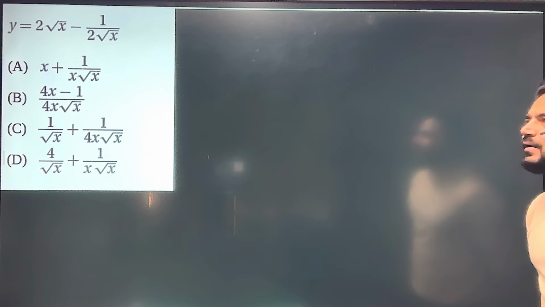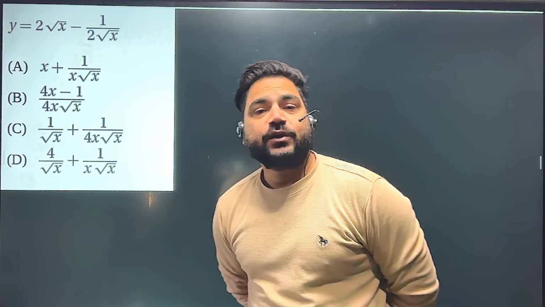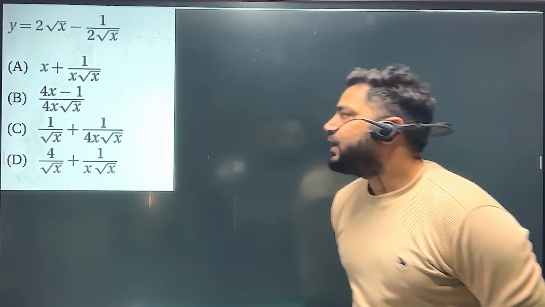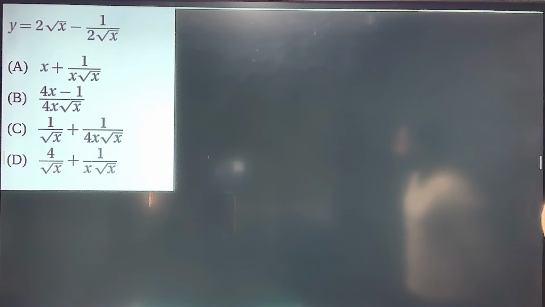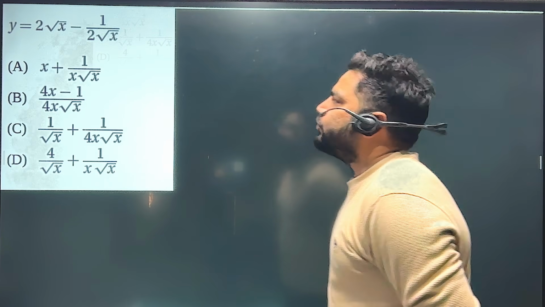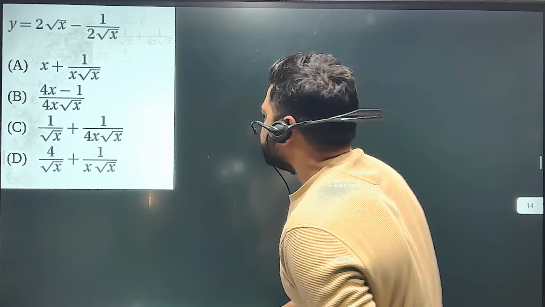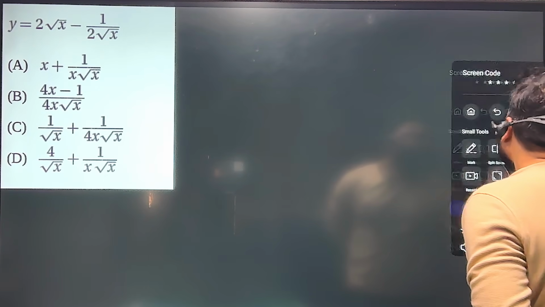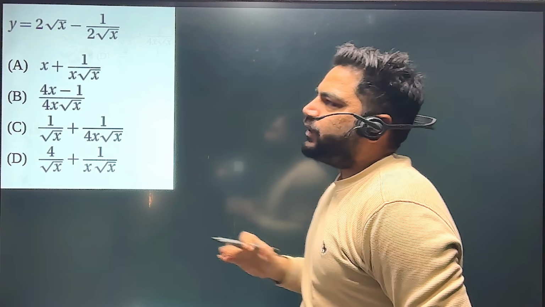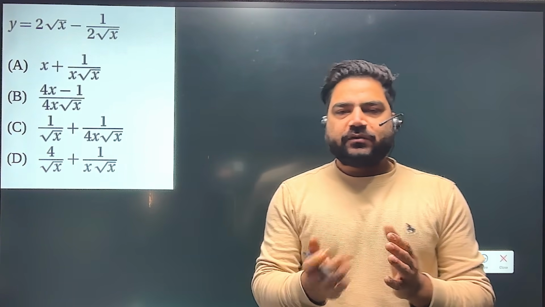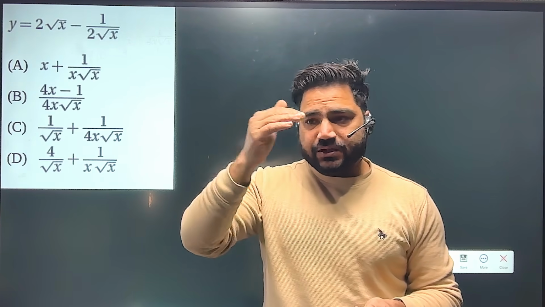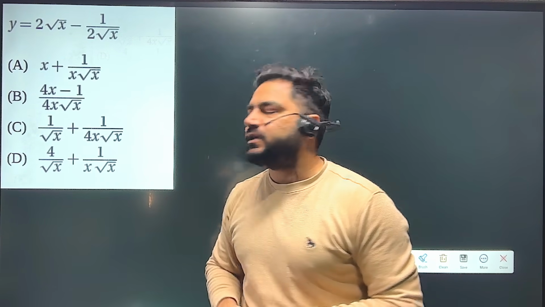See, whenever you have root x, whether in the numerator or in the denominator, you never need to worry, because the meaning of root x is power 1 by 2. Whenever root x is in the denominator, you take it to the numerator.